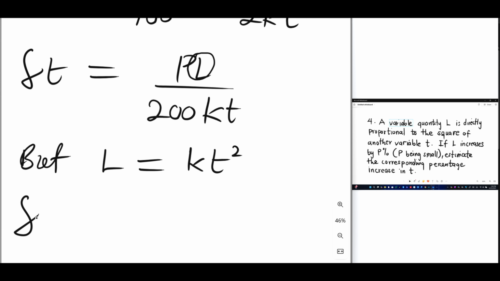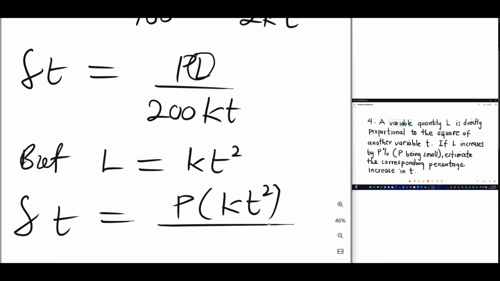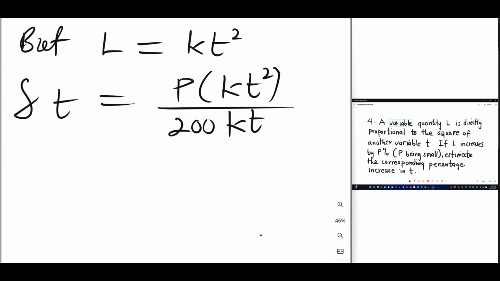So we are going to get our small change in T to be equal to P multiplying KT squared divided by 200KT.